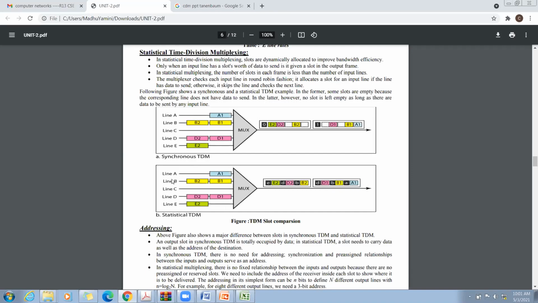Since only these 3 are transmitting, we allocated time in the frame only for these 3. See here, small a, small b, small d are synchronization bits. In the time slot, B, D, E are transmitting; A is not transmitting, C is not transmitting.